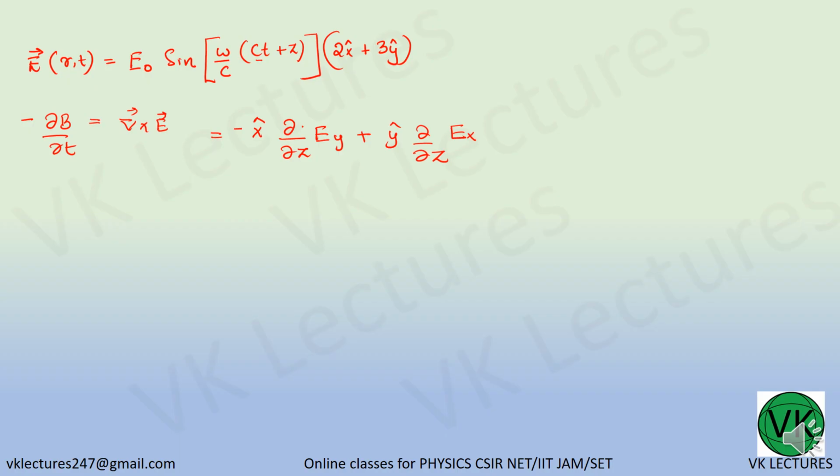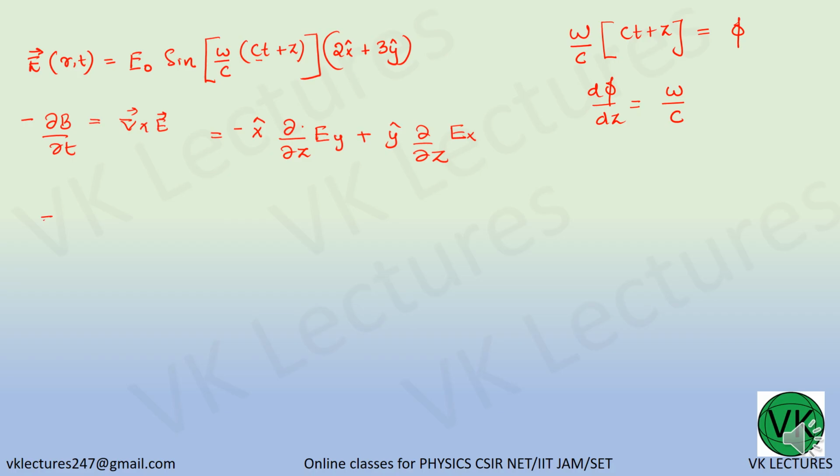So now let us define omega by c times ct plus z equal to phi. Now let us see what d phi by dz is. d phi by dz will be equal to omega by c.